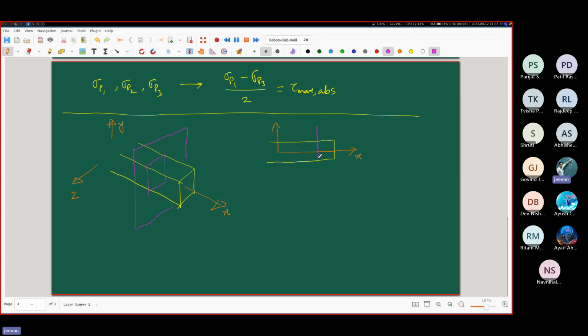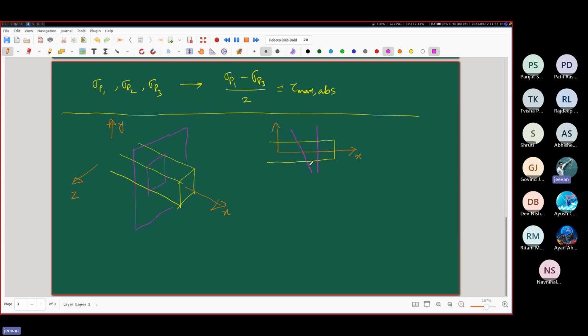So instead of a cut section like this, who is to say that if we take a cut section like this, maybe on that plane, the value of the normal stresses and the shear stresses that will be appearing may be higher in magnitude compared to these values that you are calculating using just the flexural stresses and the shear stresses.